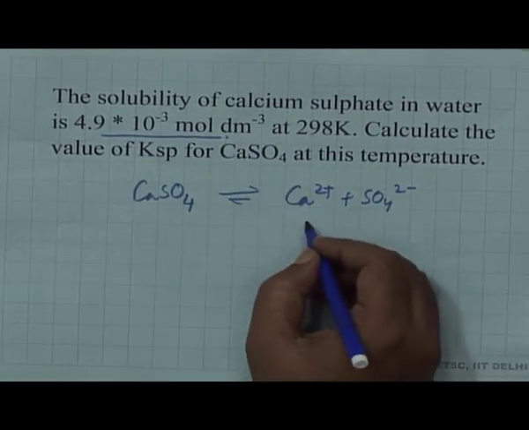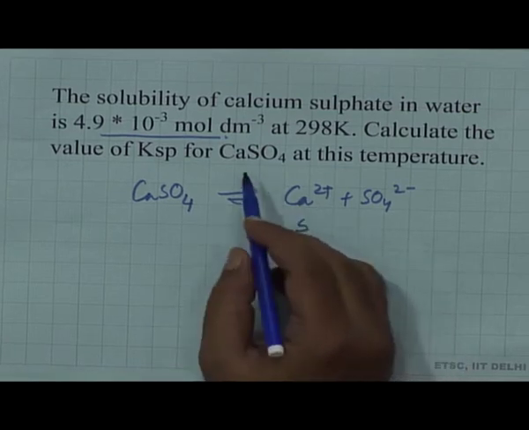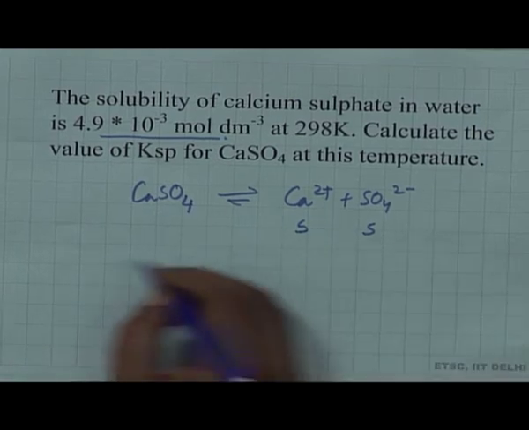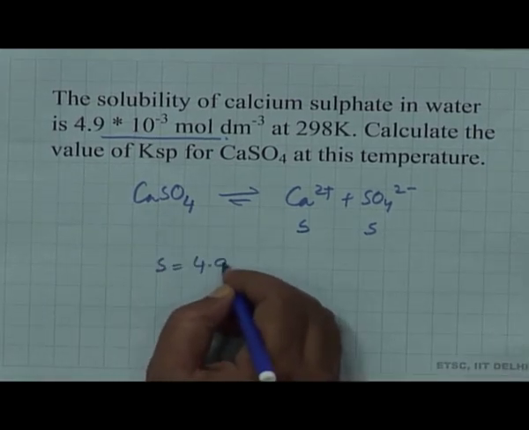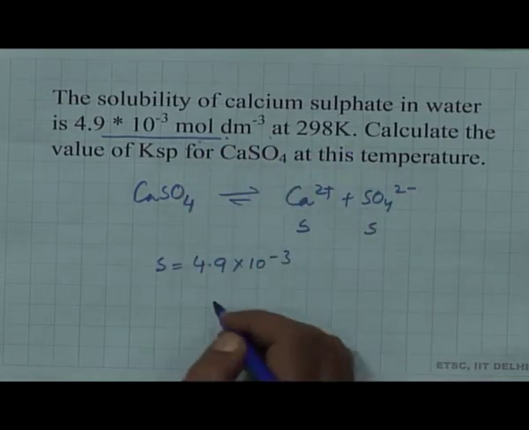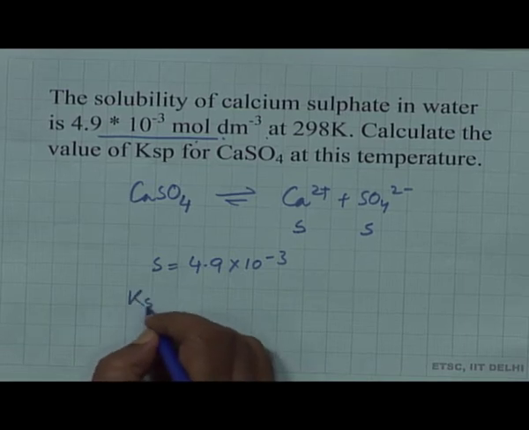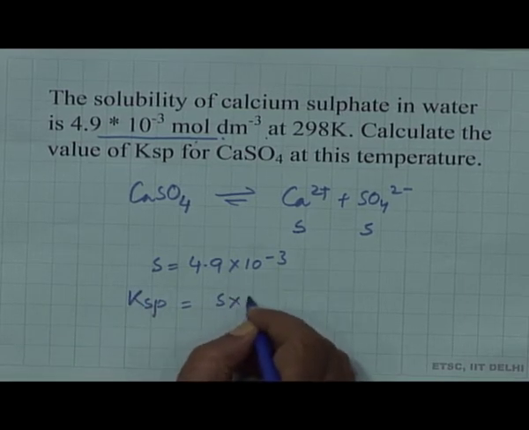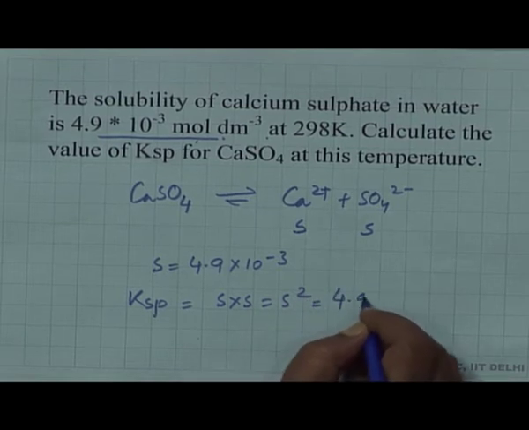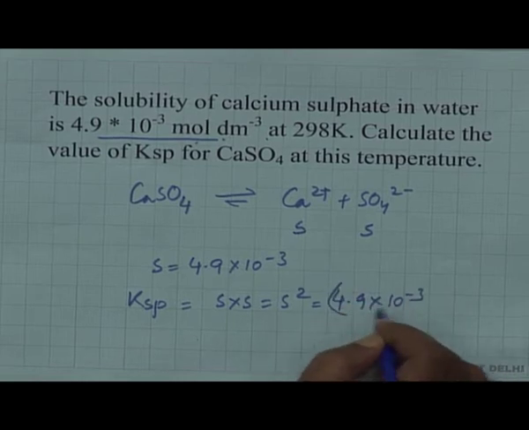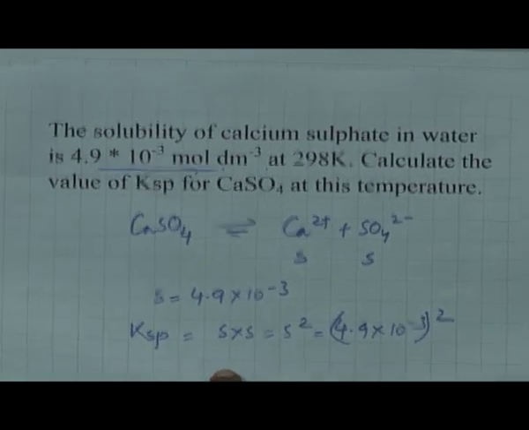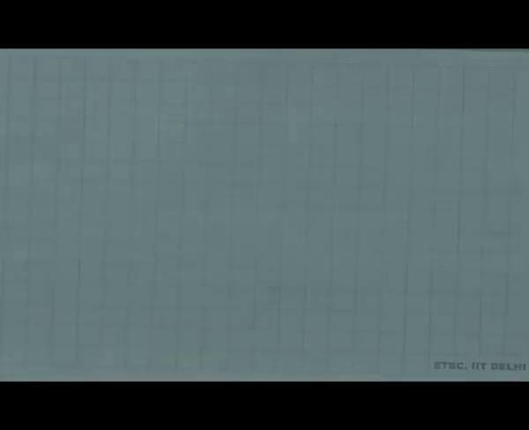Solubility is given, so if solubility is S, then you will write S, S, and here S is equal to 4.9 into 10 to the power minus 3 mole per liter at 298 K. So, Ksp will be simply S into S, that is S square, and that will be (4.9 into 10 to the power minus 3) square. So, it is quite simple to calculate solubility product if solubility is known.